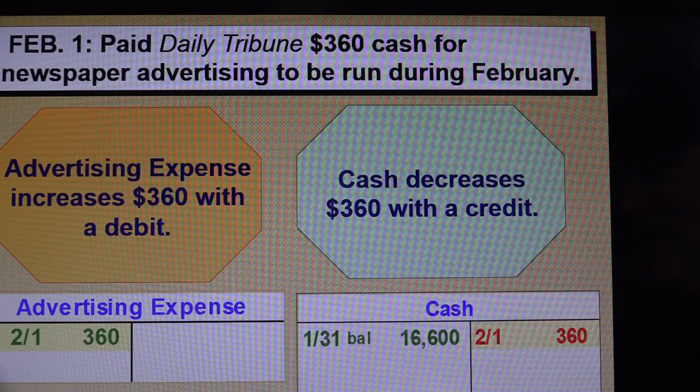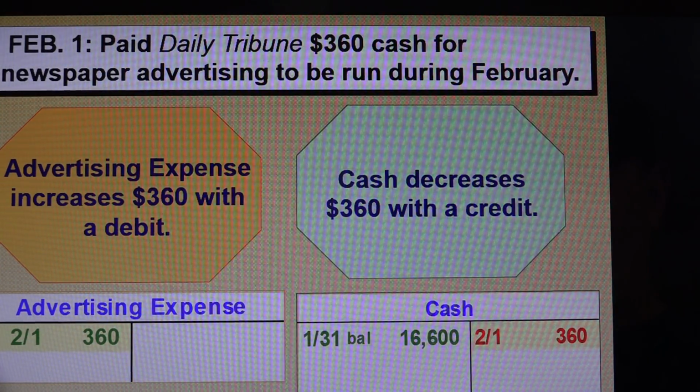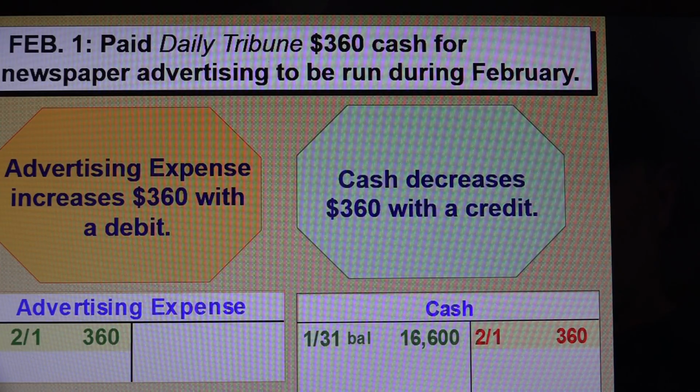We create the account and debit in our general journal $360 advertising expense. It goes directly into the advertising expense ledger account. We credit cash, reducing cash by $360. And that goes in not only the general journal, but also the cash ledger account.